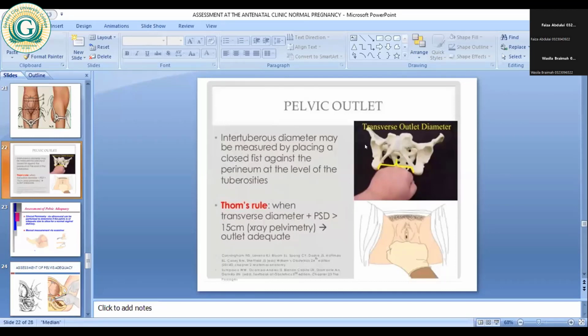Where do you think the head will be before crowning? Some people take it that the head will still be inside the uterus before crowning. The head will be in the vagina, but not appearing at the perineum. Which part of the vagina?